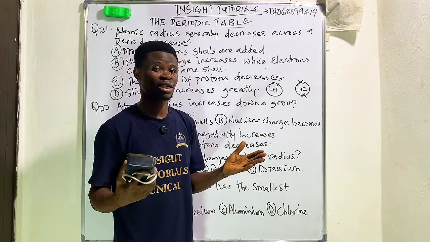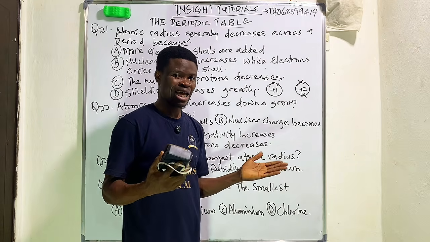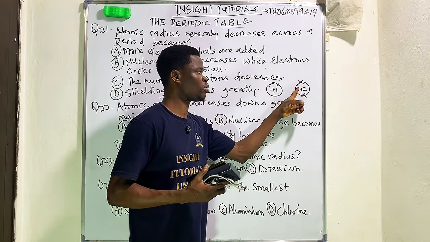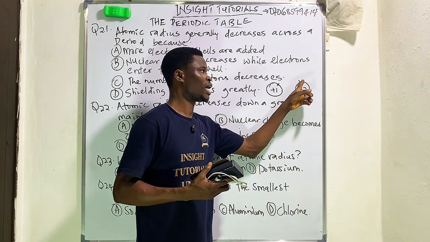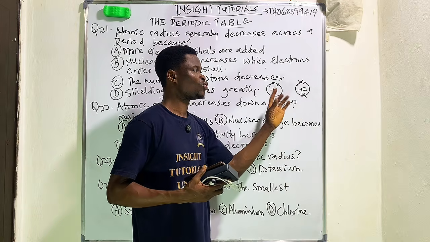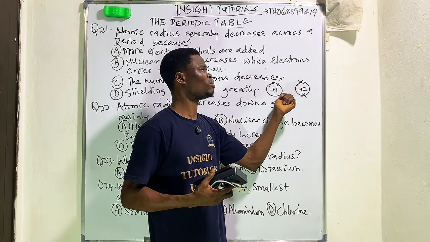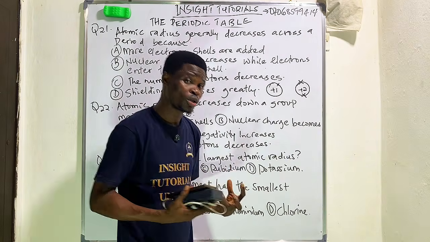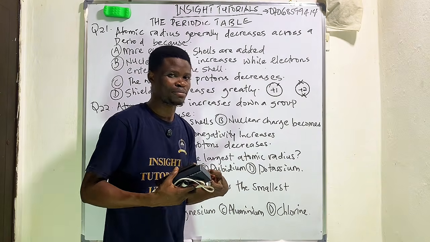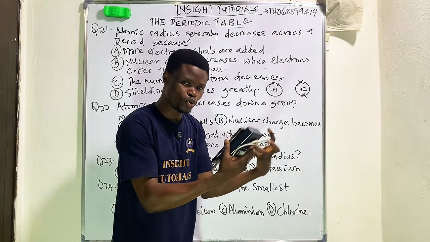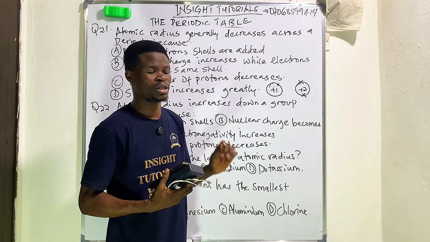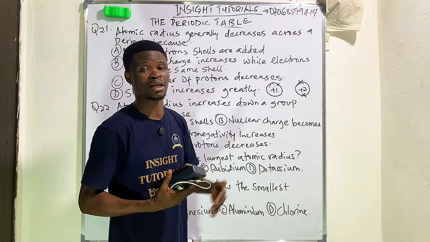Remember, electrostatics: unlike charges attract, like charges repel. So this is the positive protons in the nucleus and negative electrons. The more protons you add to an element, the more tendency it has to pull those electrons to the center. All right. Now that pull will lead to what? A shrink in the size of that particular atom.